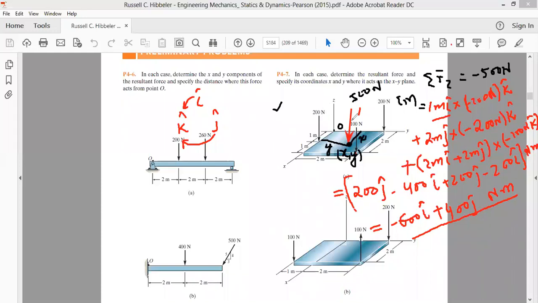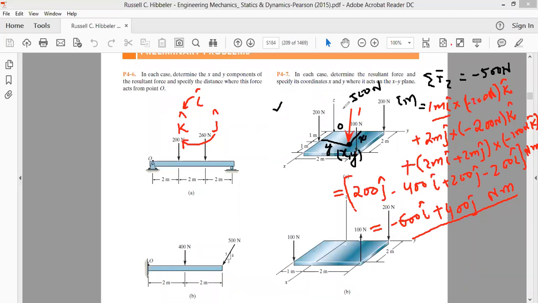It means the moment of this force of 500 Newton acting at a point having coordinates x comma y, about an axis passing through point O, should be the same as this moment. So calculate the moment of this 500 Newton force.